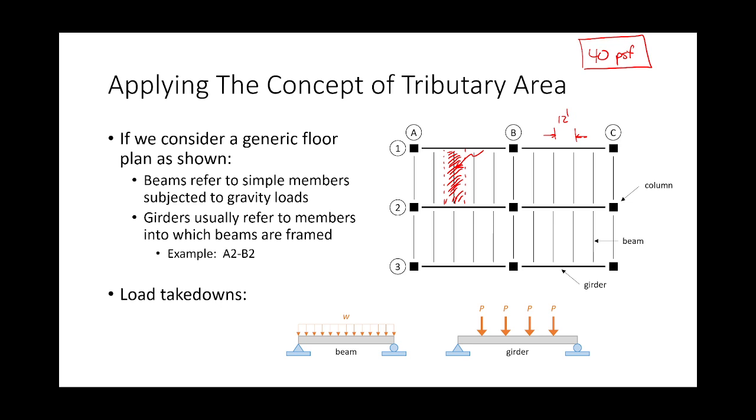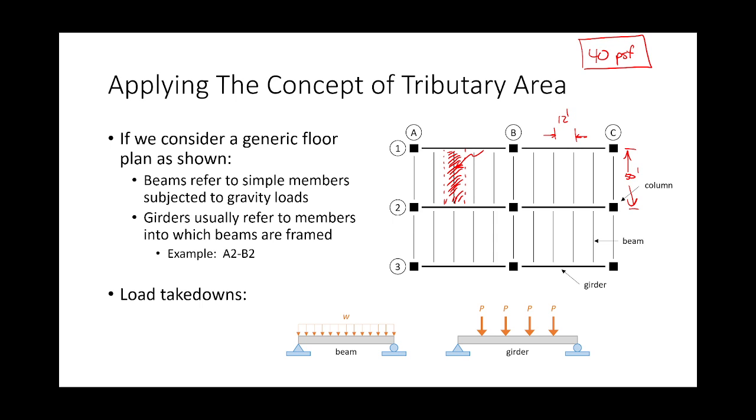Let's take a look at this beam. What's that distributed load? Let's make up a value. Let's say this is 50 feet. What would be the tributary area of this beam if the beams are spaced 12 feet apart and the beams are 50 foot long? What's the tributary area?